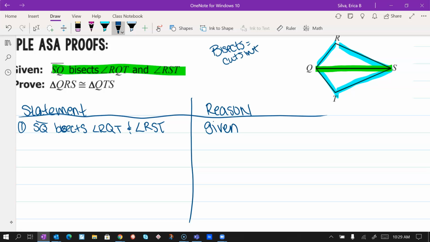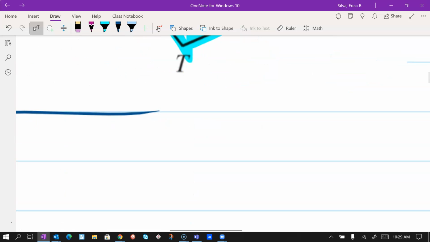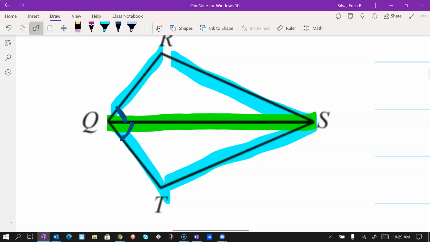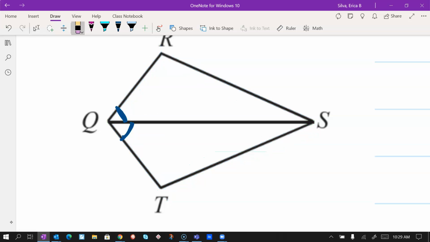Which means that this angle is going to be congruent to this one. Let's make my picture bigger. Notice I'm only using one arc, so it can identify which one it's congruent to. And then this angle, where I'm using two arcs, will be congruent to this angle.